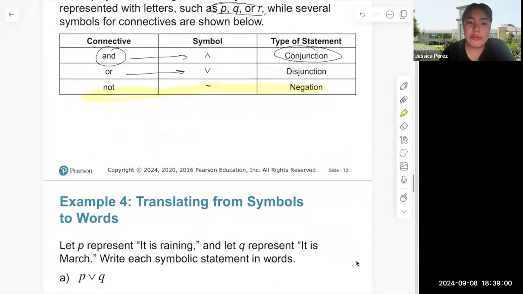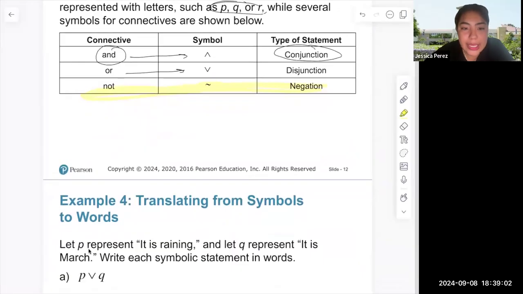So let's do the following. Let P represent it is raining, and let Q represent it is March. Write each symbolic statement in words. So we're given symbols and they want words. So P or Q. First of all, identifying that this connective symbol is a disjunction, or.